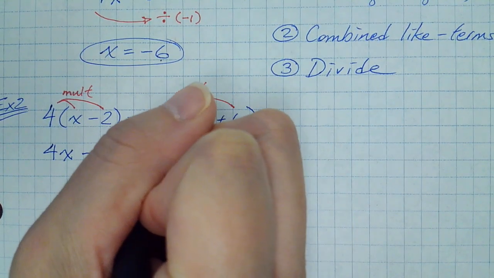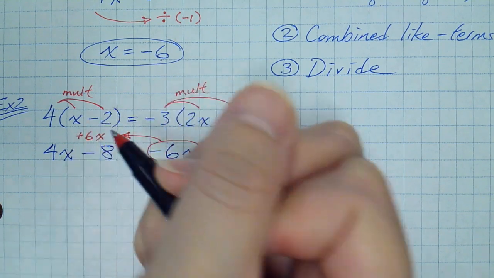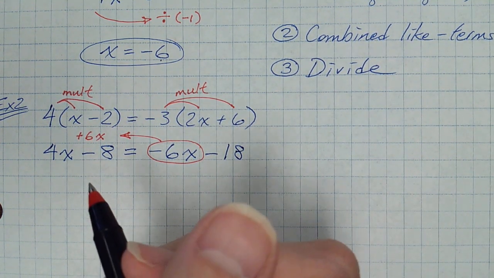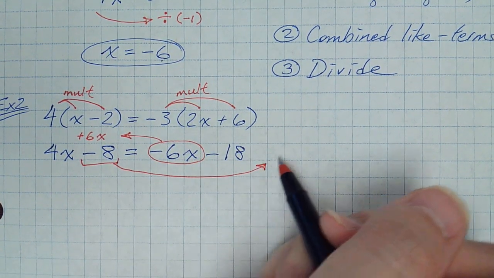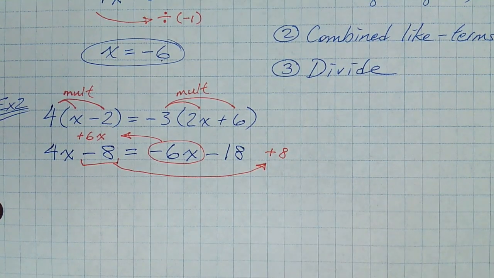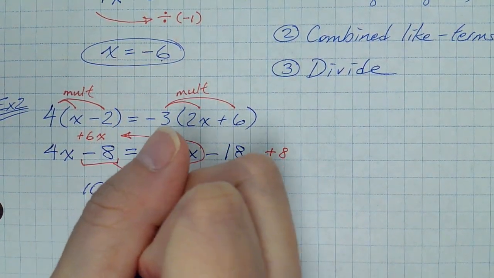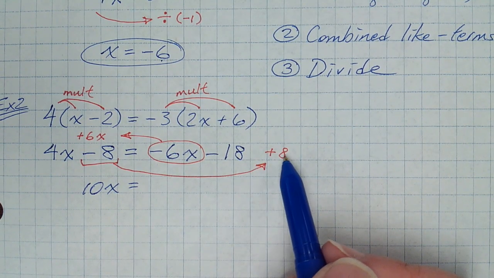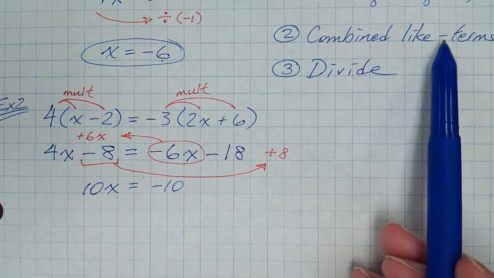When I move it, it becomes positive 6x. Perfect. And I want to move all my constants to the right. Negative 8. Perfect. So, 4x plus 6x. Equals negative 18 plus 8. Negative 10. Good. I combined my like terms.